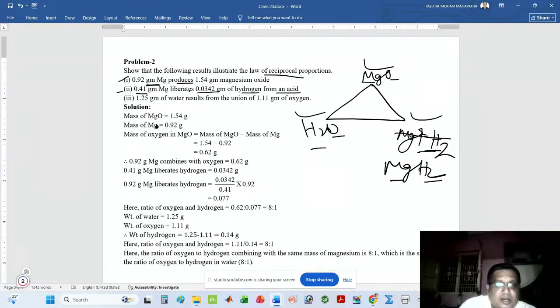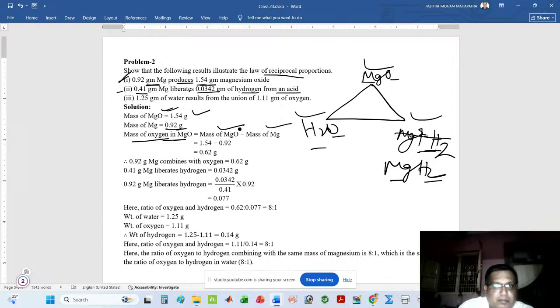If I think about the first point, I can write here the mass of magnesium oxide, that is 1.54. This is the mass of magnesium oxide. Mass of magnesium, that is 0.92 gram. Mass of oxygen in MgO is what? Mass of magnesium oxide minus mass of magnesium.